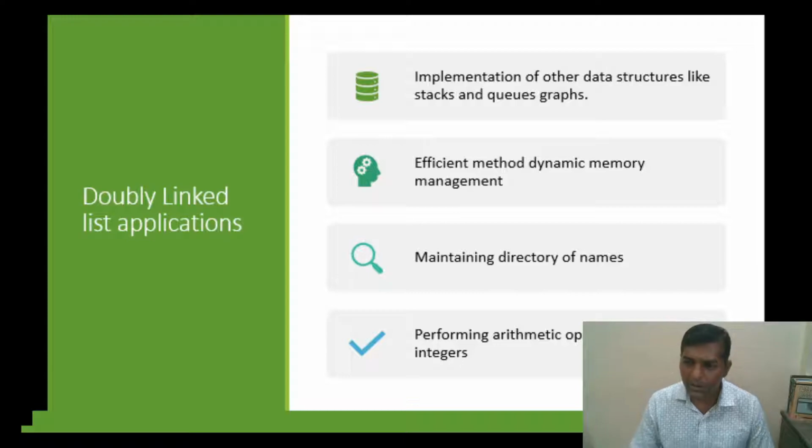An efficient method of dynamic memory management can be done, because in a singly linked list we do not have an option to go from back to front. Here we get an option, so we can very easily access the values from the front as well as from the end. This makes it a more efficient and better way of executing a memory management methodology.